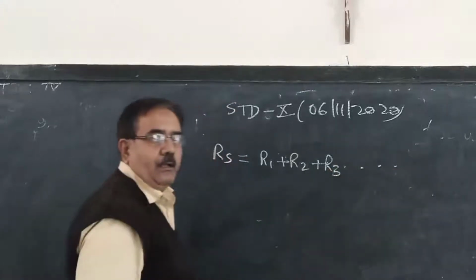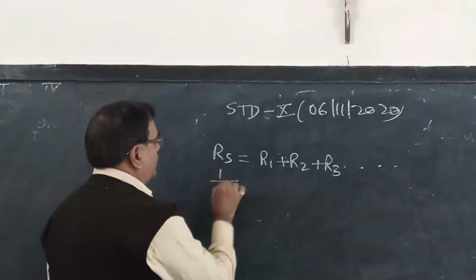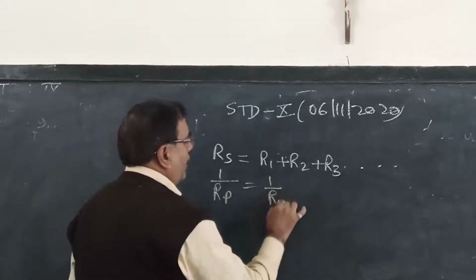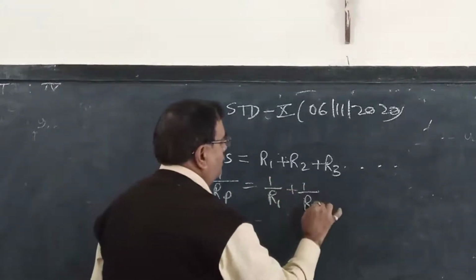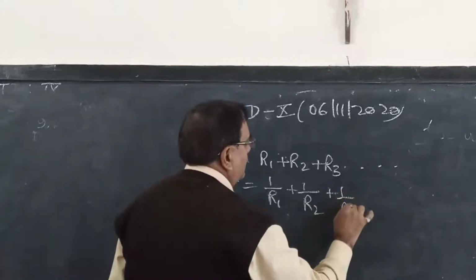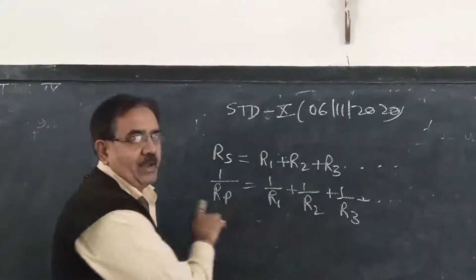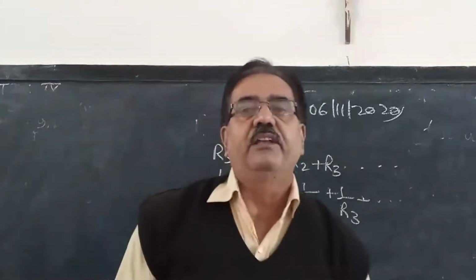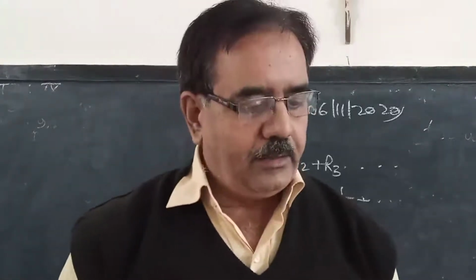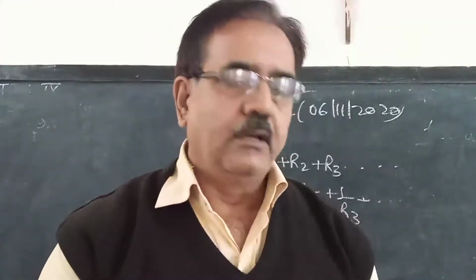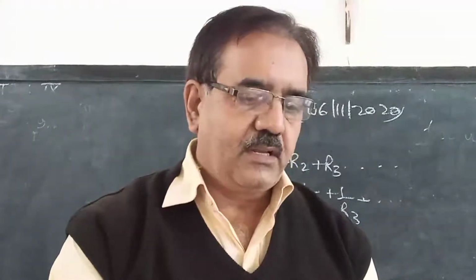And equivalent resistance in parallel: 1 by R1 plus 1 by R2 plus 1 by R3. This is in series, this is in parallel. By using these, we will solve some questions related to series and parallel combinations.